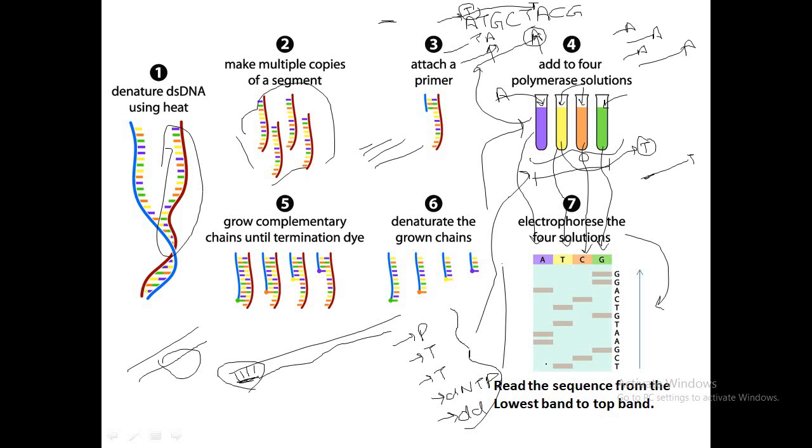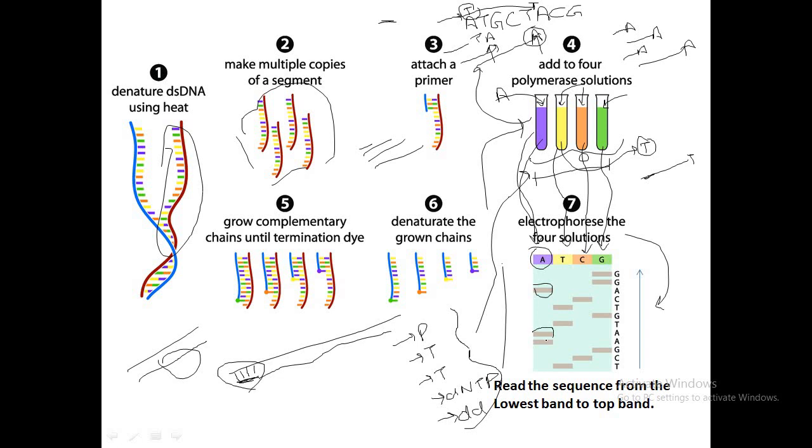So how will you get to know the sequence of the DNA? Just now I told you that you know in which well you are adding which reaction mixture. That means if the reaction mixture contains the dideoxy A part, and you are adding that reaction mixture in the first lane, then any fragment present in this first lane will always have A at this end.